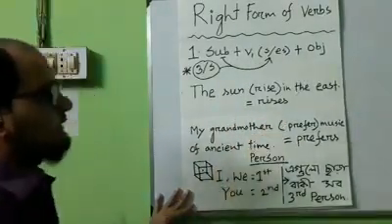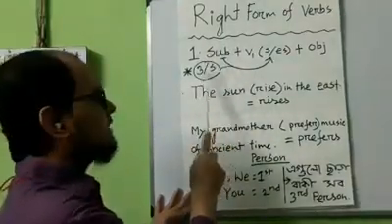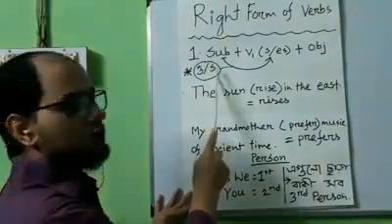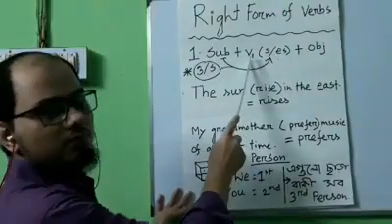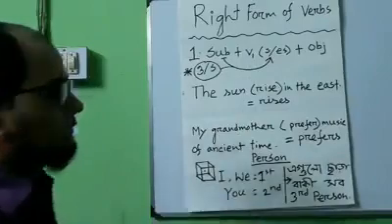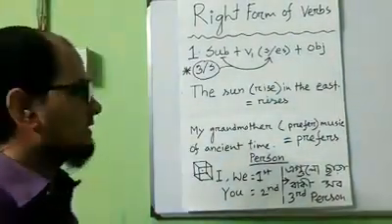Here, one thing I should mention, that if the subject is third person and singular, we should add s or es after the verb word. For your better understanding, I repeat it.